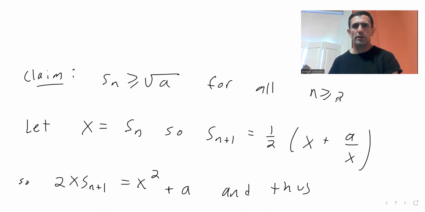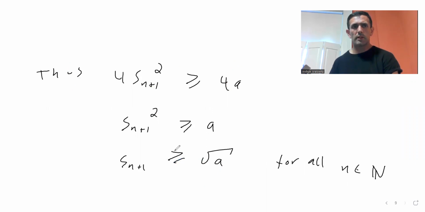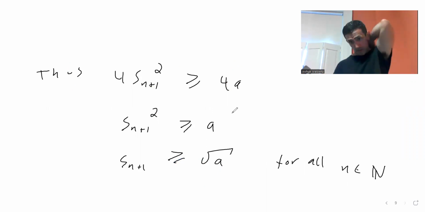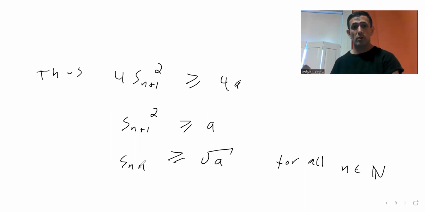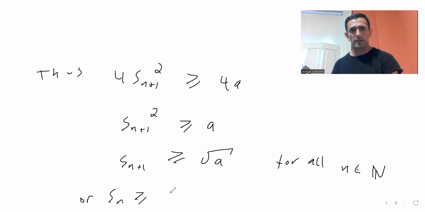Because this is true for all integers, we have n plus 1 here, where n is any natural number, and that's the same thing as saying Sn is bigger or equal to square root of a for all n bigger or equal to 2.